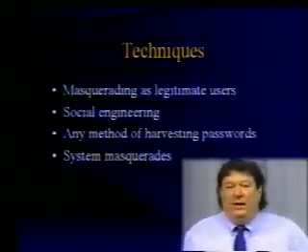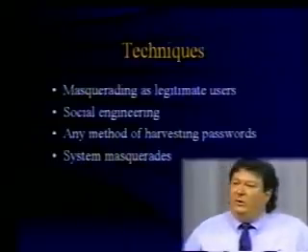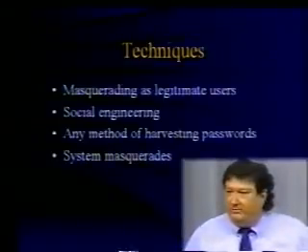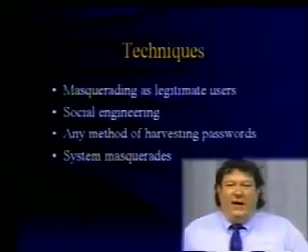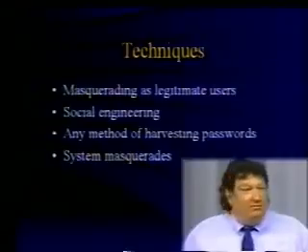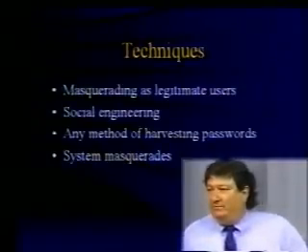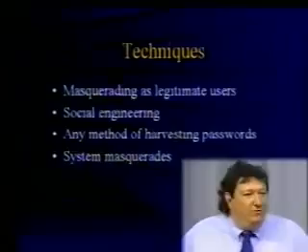For example, let's imagine that an attacker is trying to penetrate a Unix machine. The attacker manages to get to a point where they can download, using whatever kind of exploit, the password file. So they download the password file.